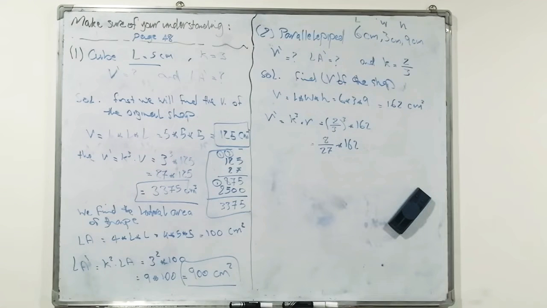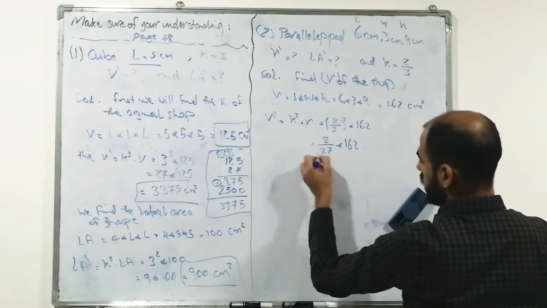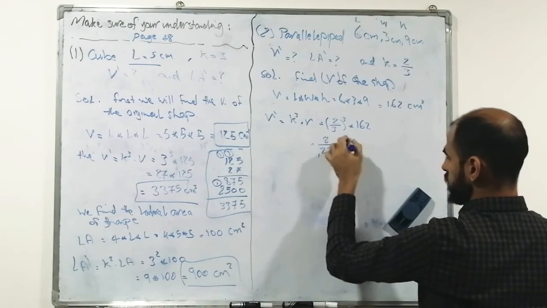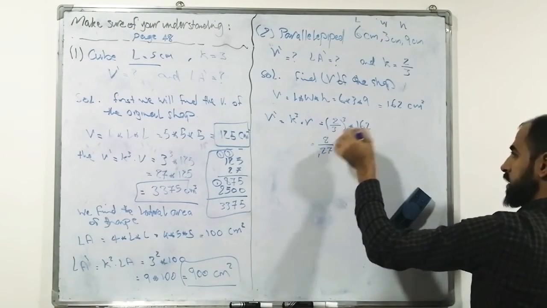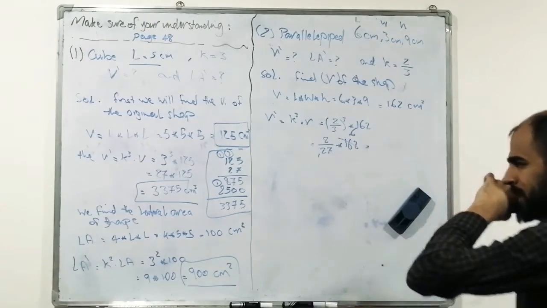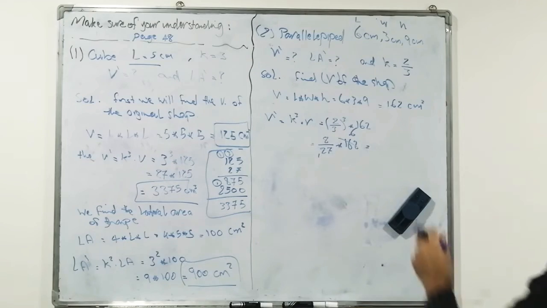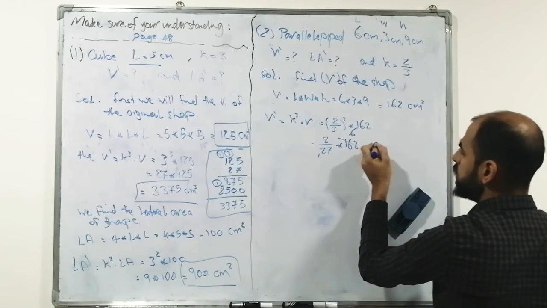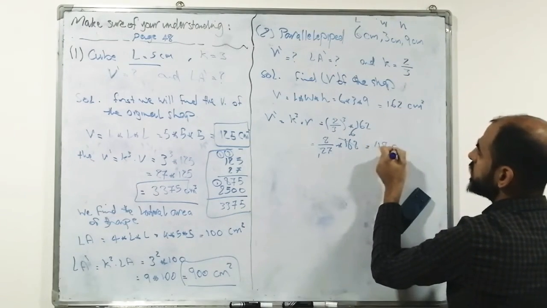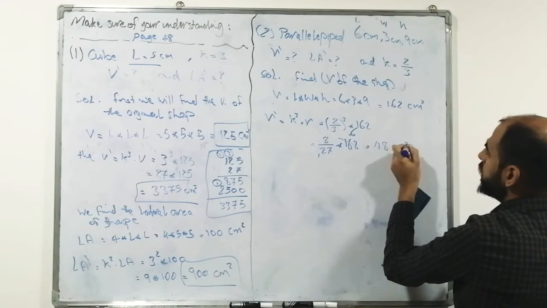Now by simplifying, 162 over 27 equals 6, and 6 by 8 is 48 centimeter to the power 3.